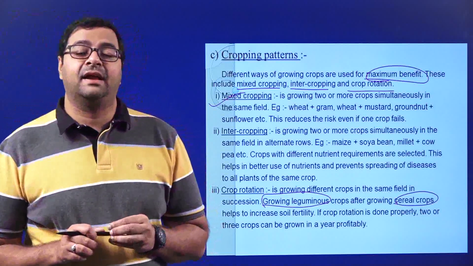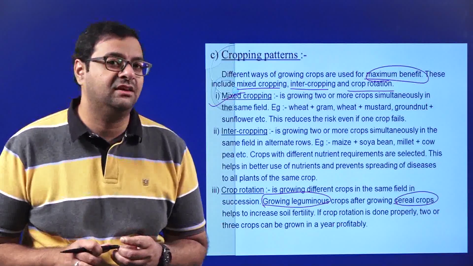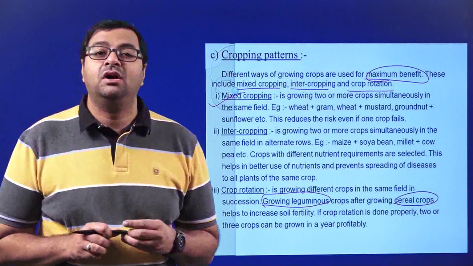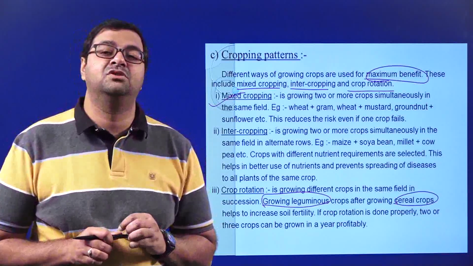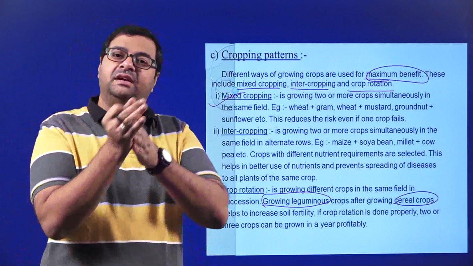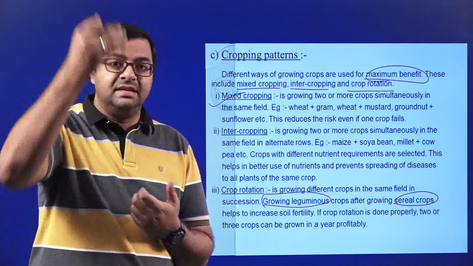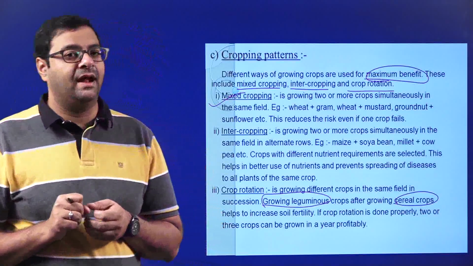That rhizobium helps in fixing atmospheric nitrogen, because these leguminous plants do not have the capacity to absorb nitrogen themselves. So rhizobium takes shelter in that plant and benefits it by fixing atmospheric nitrogen.